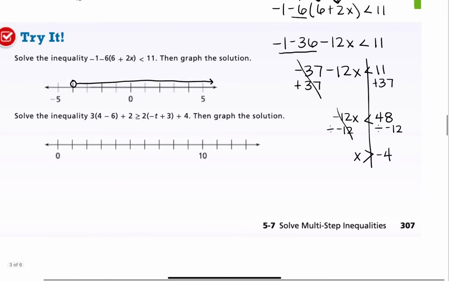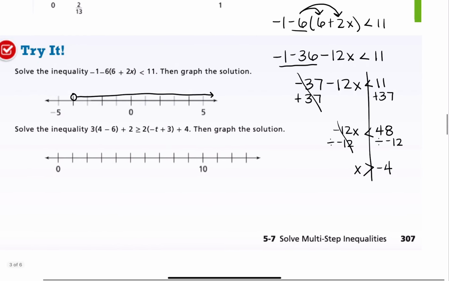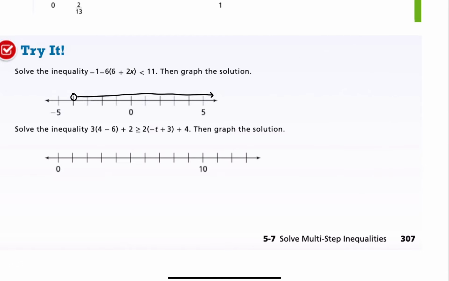So our next question. I'm going to erase this so I have room to do it, because this one is a lot of combining before we can do anything. So I have 3 times 4 minus 6 plus 2 is greater than or equal to 2 times negative t plus 3 plus 4.